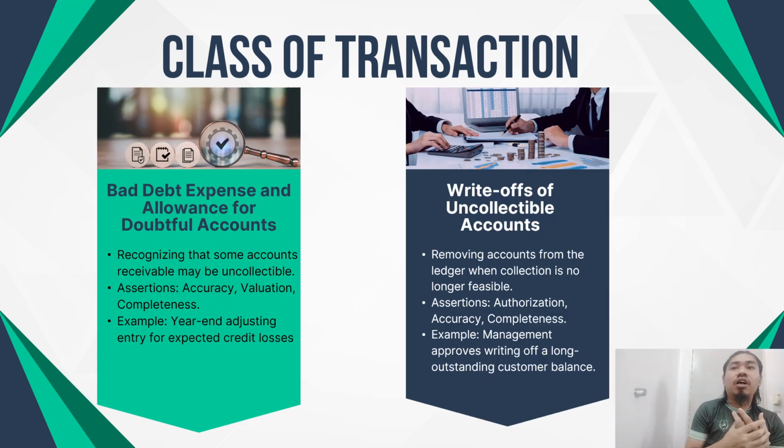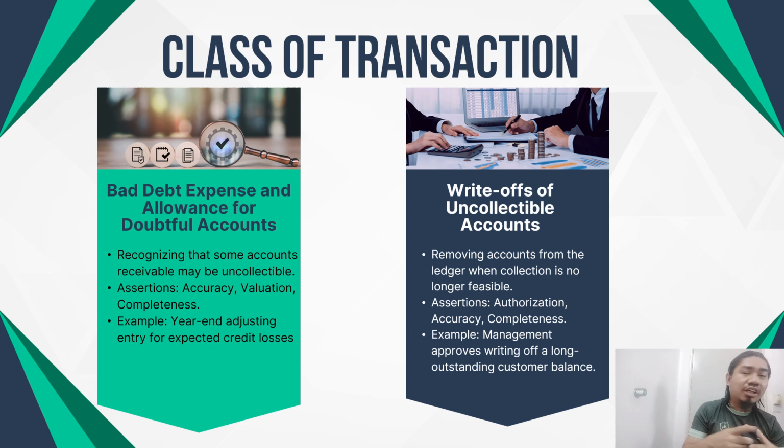Okay, next we are focused on uncollectible accounts and their treatment in the financial records. So next we go to bad debt expense and allowance for doubtful debts. This class recognizes that some receivables may not be collectible, therefore an allowance must be recorded. The key assertions related to this are accuracy: is the estimate of the bad debt appropriate?